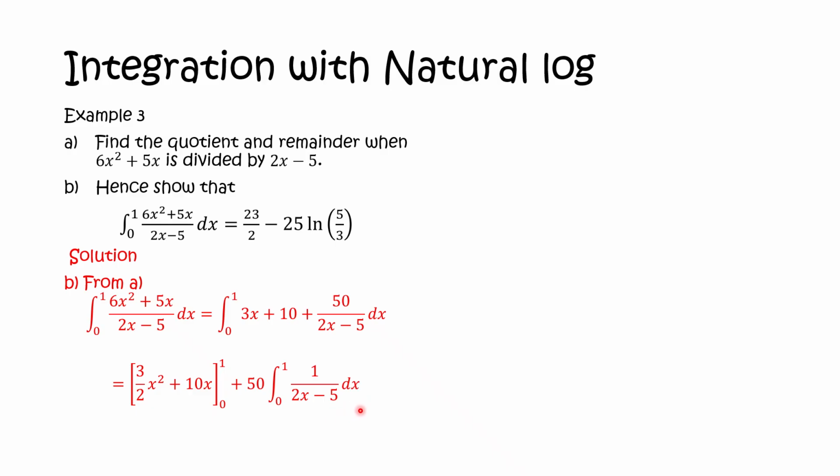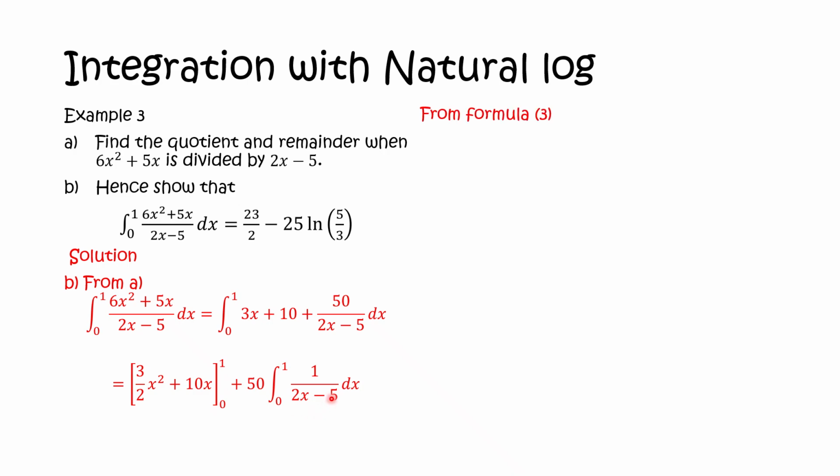However, we have a fraction there, which was the remainder part. With the remainder part, we can actually take out the 50 because we are multiplying by a constant. We can just move the constant out of the integration. So in this case, what we would have is that.